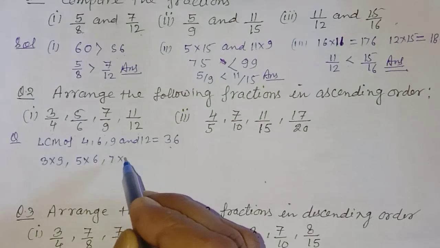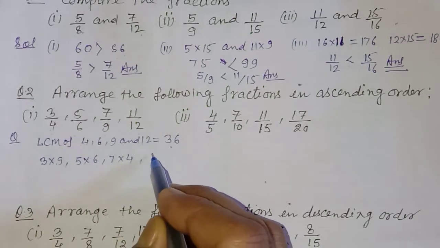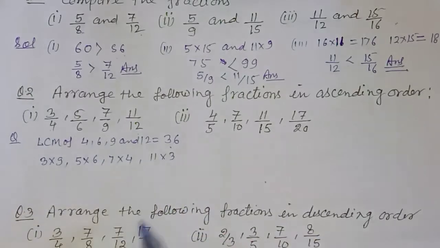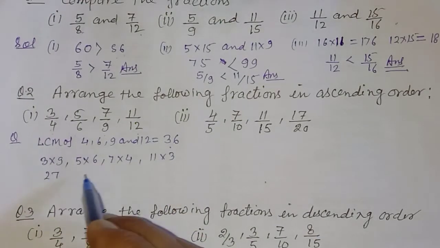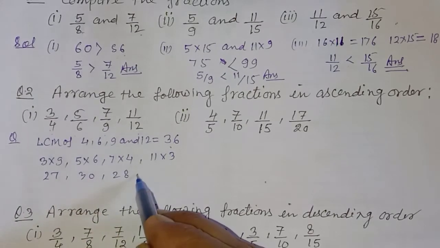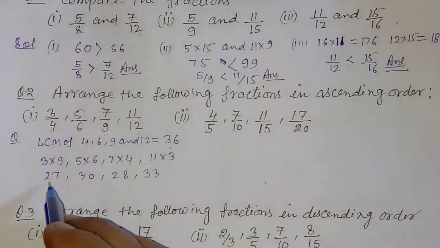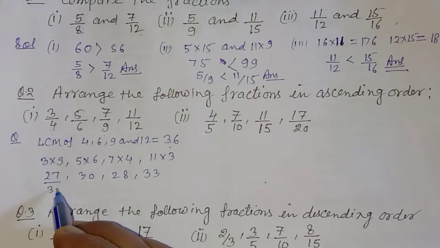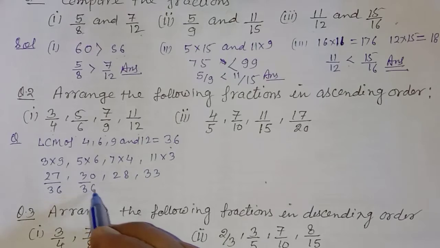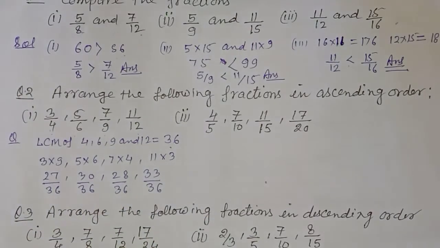Similarly 7 multiplied by 4 and 11 multiplied by 3. So 27, 30, 28 and 33. So you will find 27 upon 36, 30 upon 36, 28 upon 36 and 33 upon 36.